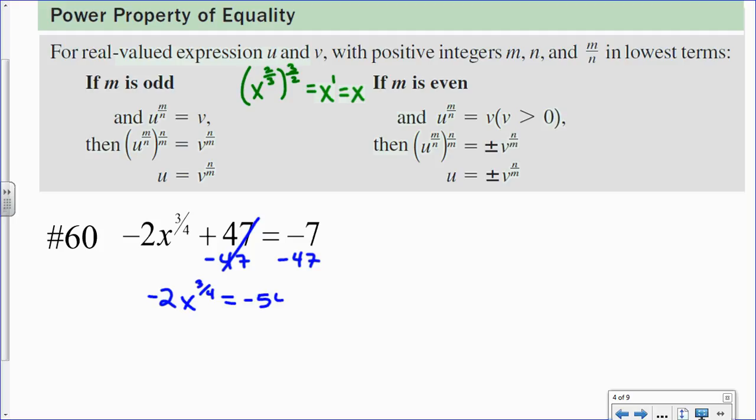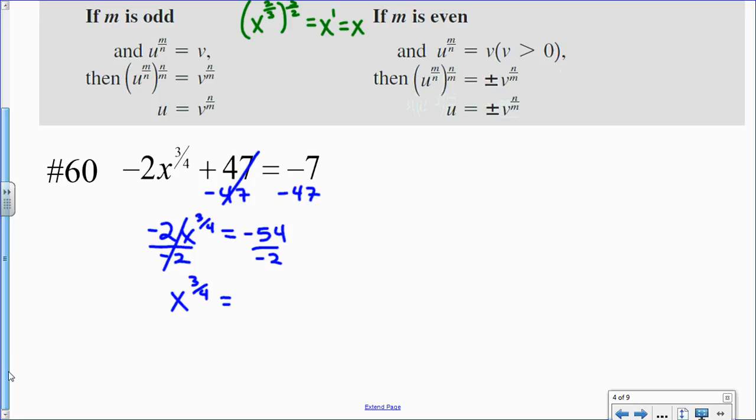That's negative 54. And then divide by negative 2. Negative 54 divided by negative 2 is 27, positive 27.